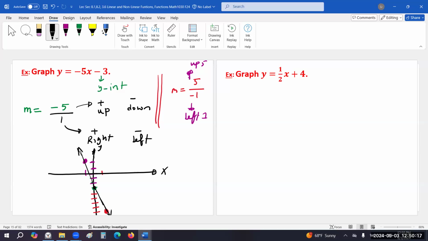From here, we need to go 5 units down, 1 unit right. It's 5 down because the numerator is negative. Negative numerator means down. Positive denominator means right. So from the y-intercept, go 5 units downward and 1 to the right. Here's my second point.